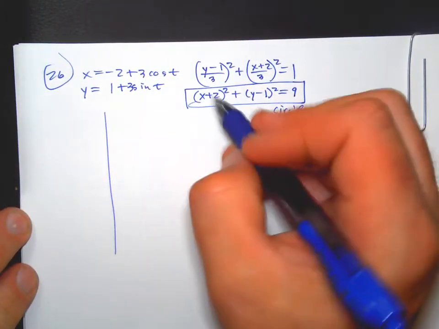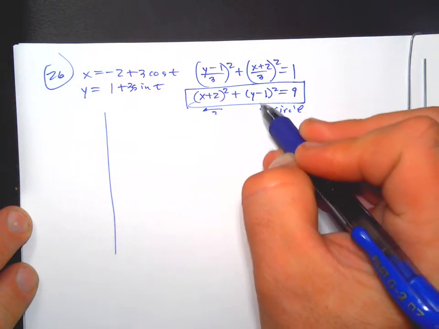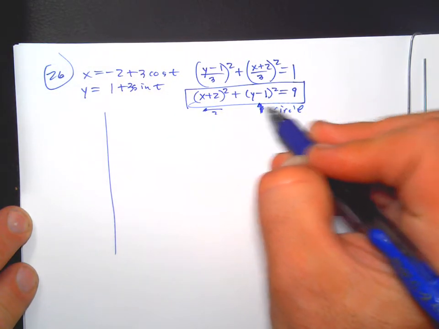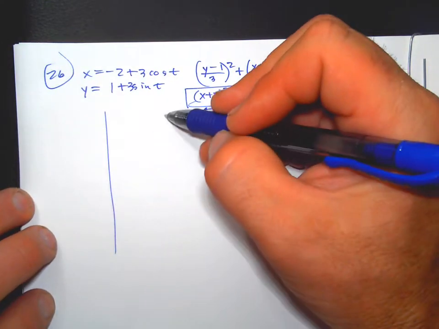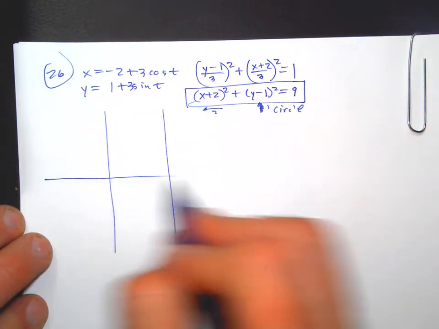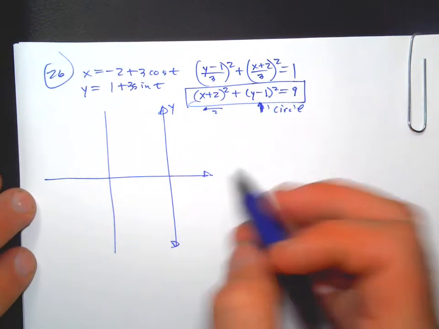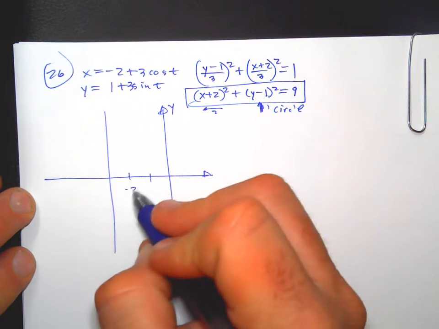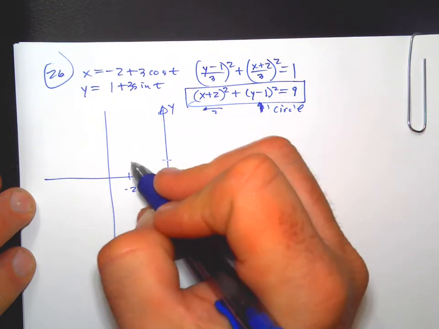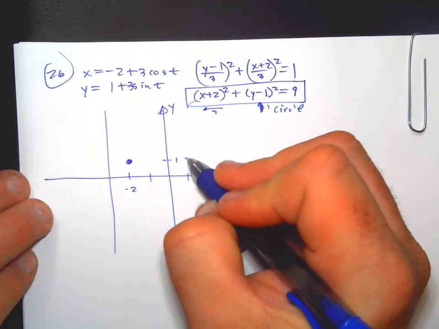But it's been shifted to the left 2 and up 1. So I probably should have made my graph more this way. So left 2 and up 1, that's the center of the circle, and it has a radius of 3.